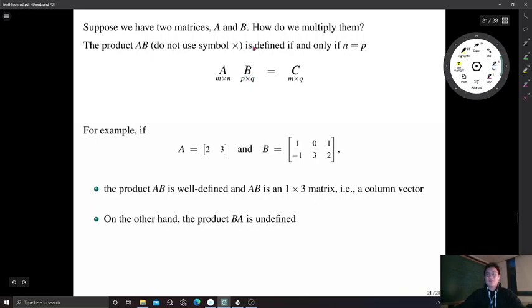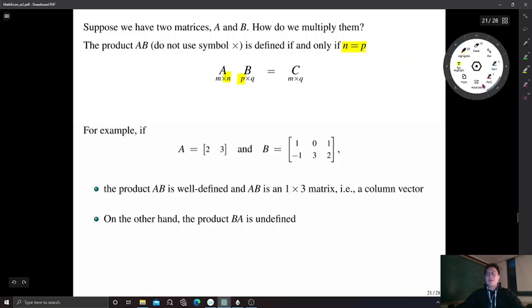For the product to be well defined, the number of columns of the first matrix A, that is given by n, and the number of rows of the second matrix B, that is given by p, these two numbers should be equal to each other. So the product A times B is defined if and only if n equals p.